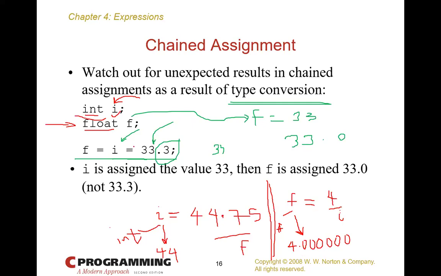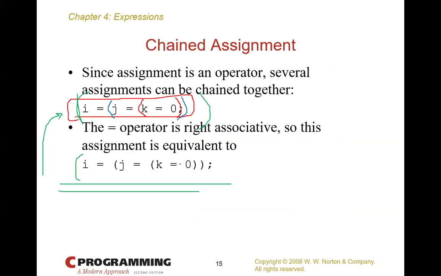So we are having chaining assignment where we are saying f is equal to I, and I is equal to float 33.3. So if we go back, we remember that we said the assignment operator is right associative. This is important. Please keep this in your mind.